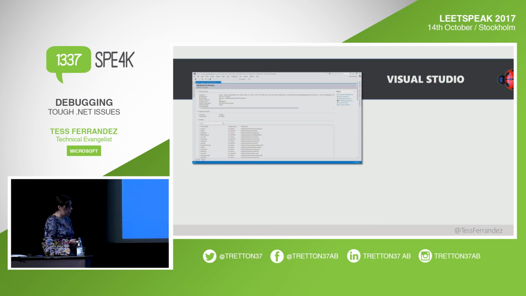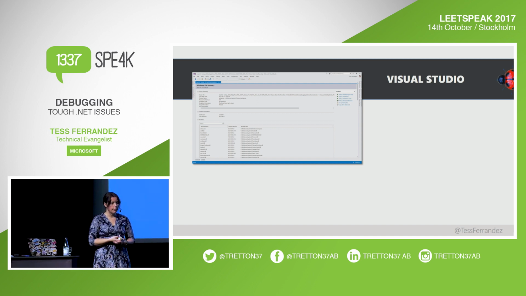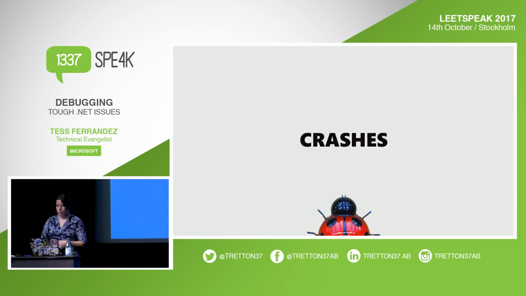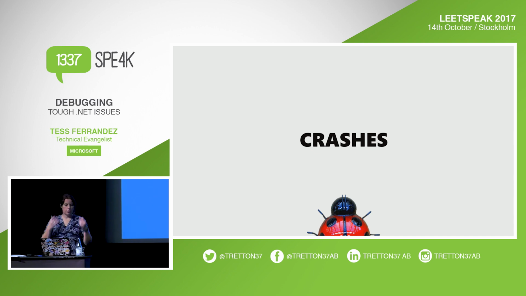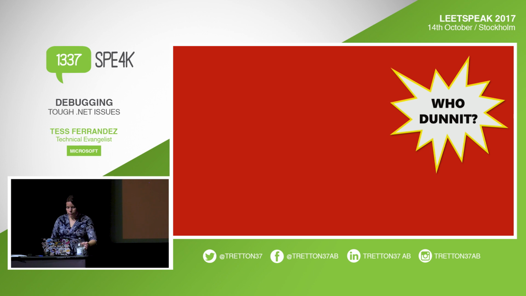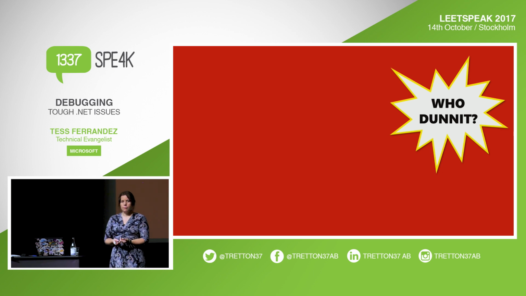Then we can also use Visual Studio, which has some pretty amazing features when it comes to dump debugging. We're going to look at how that looks for all 3 of these issues. So we'll start off with crashes. If you look at a crash, what are some things that could cause a crash of a process, except for what we just saw, like an unhandled exception?